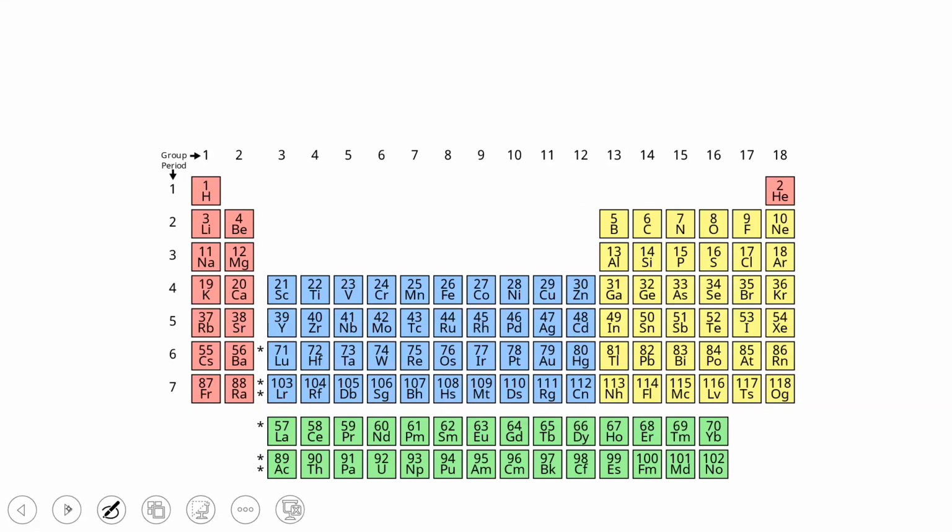The element which had the least number of protons came first, and that element was hydrogen. It had only one proton, followed by helium, lithium, beryllium, boron, carbon, nitrogen, oxygen, fluorine, neon, sodium, magnesium, like that. Currently we have more than 120 elements in the periodic table.